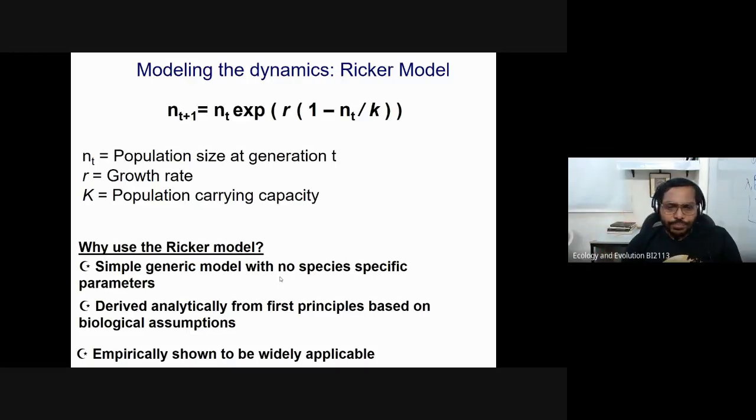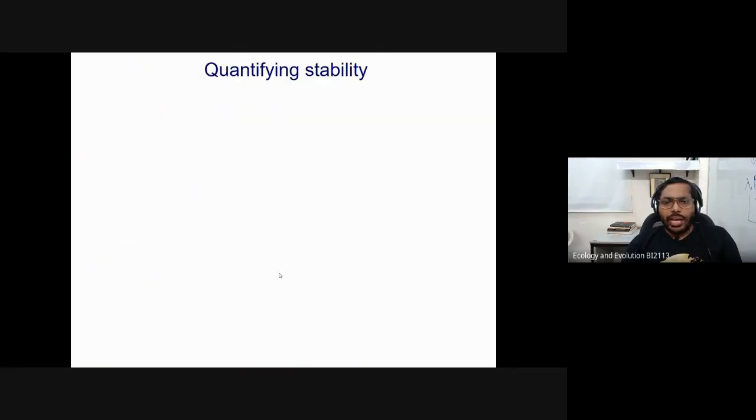But what I'm talking about are discrete conditions, so you can also have a bacterial model under discrete dynamics. Anything else? No, sir. Okay, cool. So this is why we use the Ricker model.